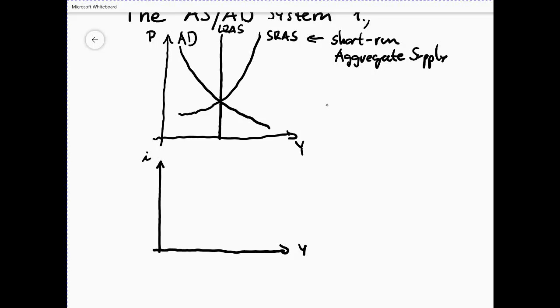So we start with negatively sloped investment savings, which is the line which shows us those combinations of the interest rate and real GDP at which the goods market is in equilibrium. And we have a positively sloped LM curve, which is again a collection of those interest rates and real GDP at which the money market is in equilibrium.